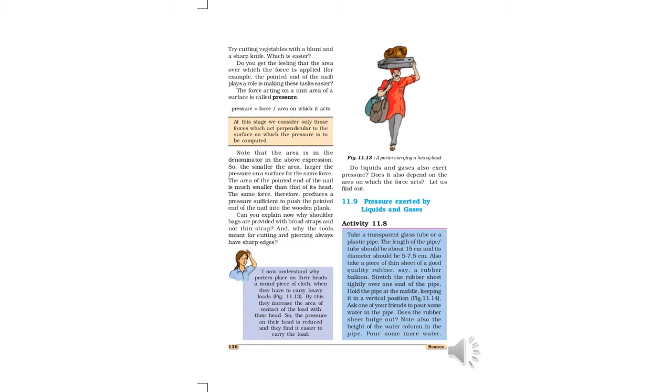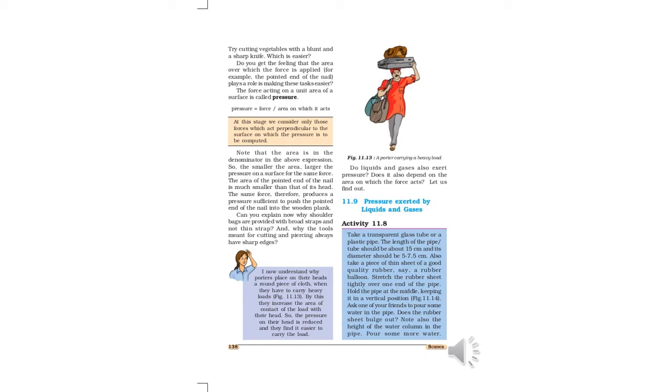And the porters also, I told, place a rounded piece of cloth on their head when they have to carry heavy loads, because the round piece of cloth increases the area of contact of the load with the head. This reduces pressure and makes it easier to carry the load.